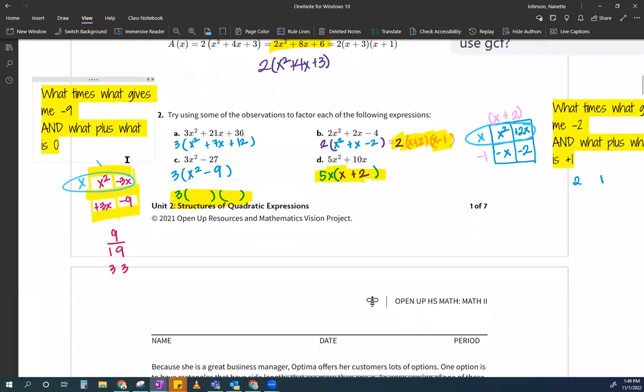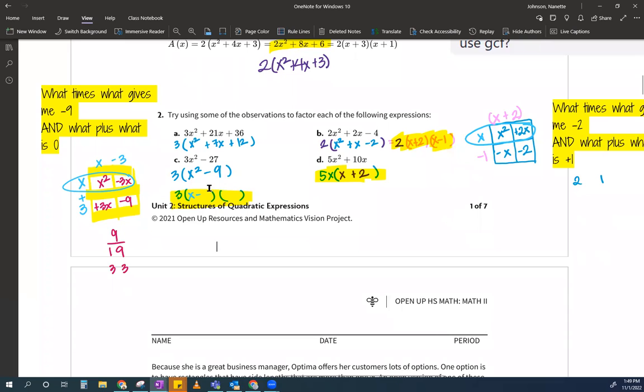And x times what gives me -3x? Good. And then I get x times what gives me +3x? Very good. I got +3. So there's my two terms, x -3, x +3.